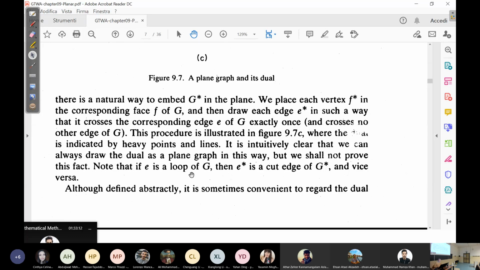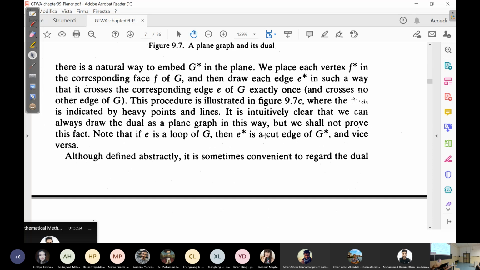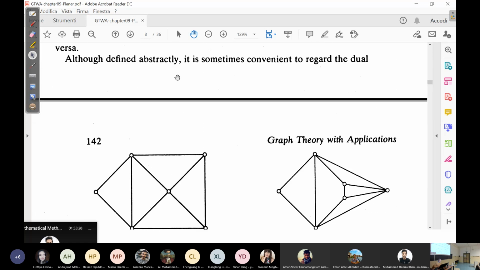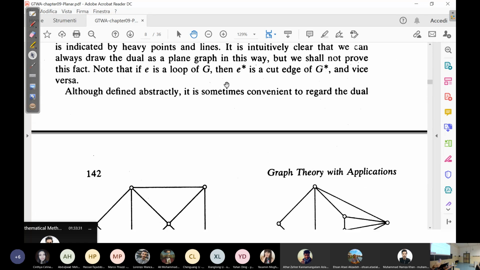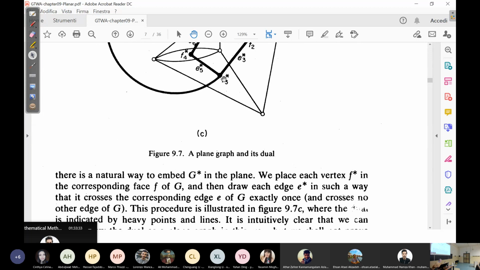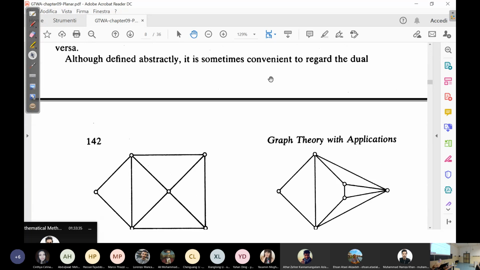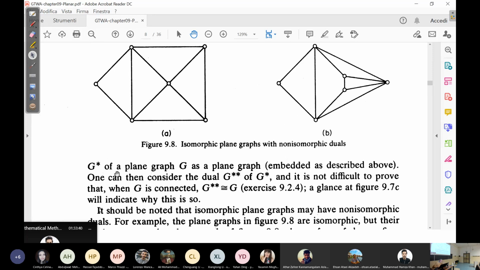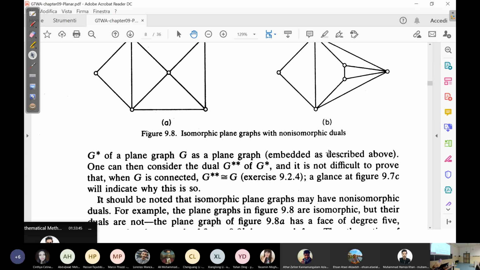Note that if e is a loop of G, then e star is a cut edge of G star, and if e is a cut edge of G, then e star is a loop in G star. We define the dual abstractly, but since we can draw it in this very easy way, it is sometimes convenient to regard the dual G star of a plane graph as a plane graph itself, embedded in the way we have just seen.